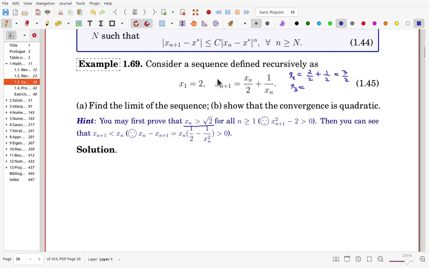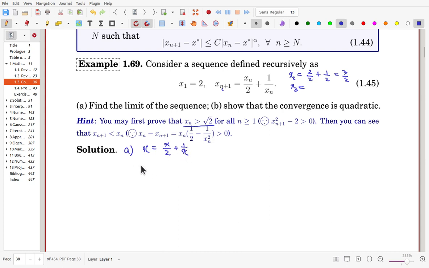So xn plus 1 will converge to x star, and xn also will converge to x star. For part A, once it is convergent, let's say the limit is x. Then x in the limit equals the right hand side, x over 2 plus 1 over x.